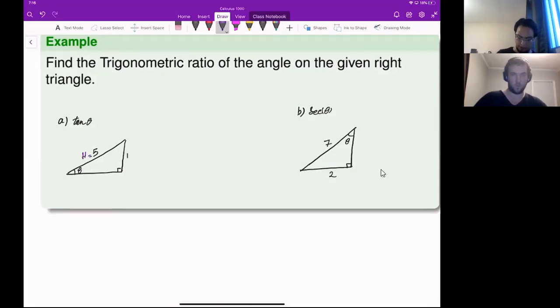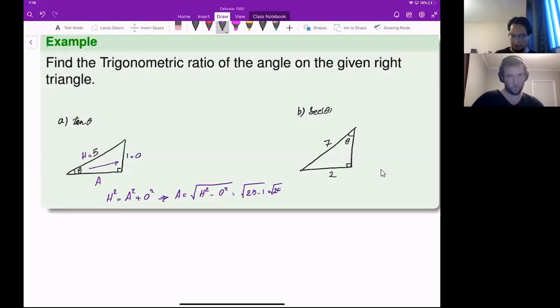So if this is the hypotenuse, and this is theta, so this is opposite, and this will be adjacent. Then the Pythagorean theorem says that h squared is equal to a squared plus o squared. For example, in this case, we can use that to find a, which is the square root of, since a is the length of a side, it should be positive, h squared minus o squared, which will give me what? 25 minus 1, and this is root 24.